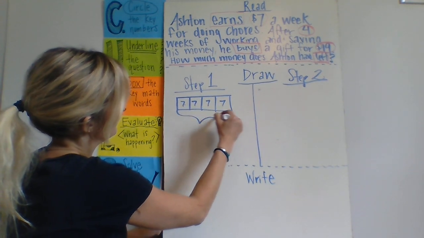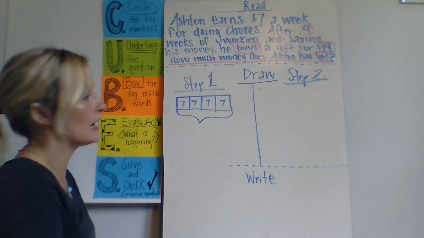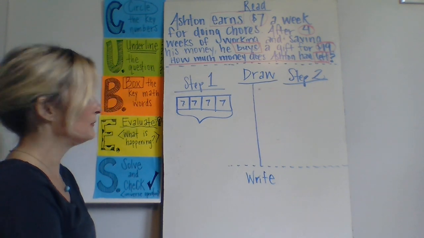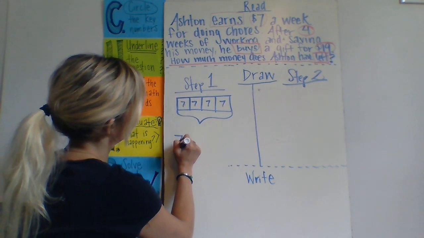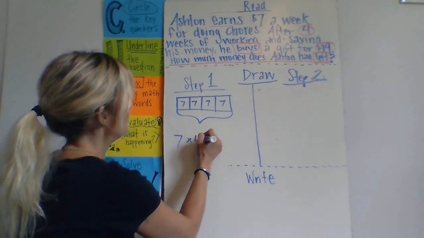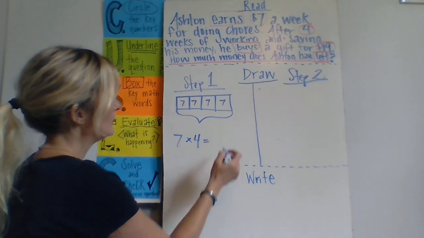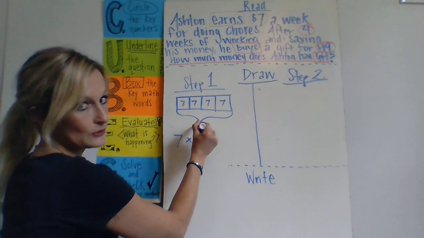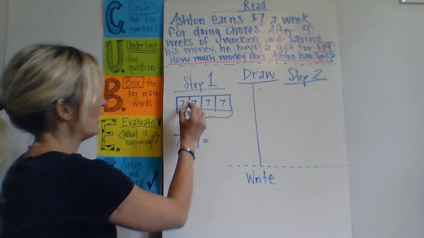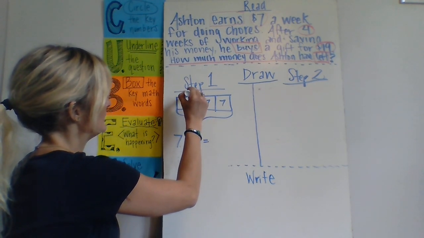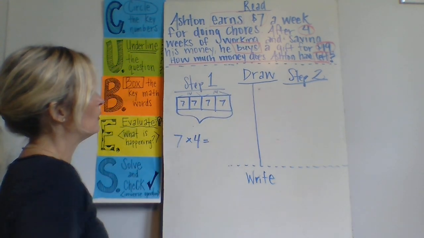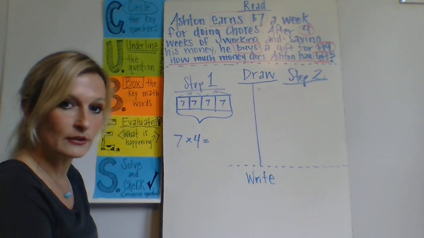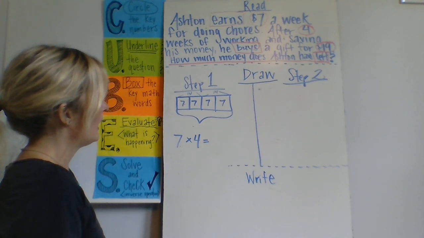So our total, how are we going to find out how much money Ashton made? We're going to do 7 times 4, and that is equal to, you can either add 14 and then another 14, or some kids may know their facts by heart.